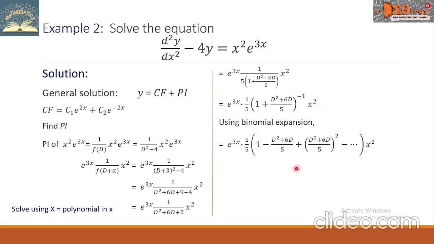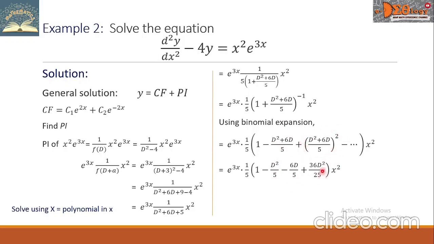And the next step is we're going to expand the terms inside the grouping symbol here. So we have now 1 minus, in this fraction, we're going to split the numerator. So you see we have D squared over 5 minus 6D over 5 plus, let us expand this expression.